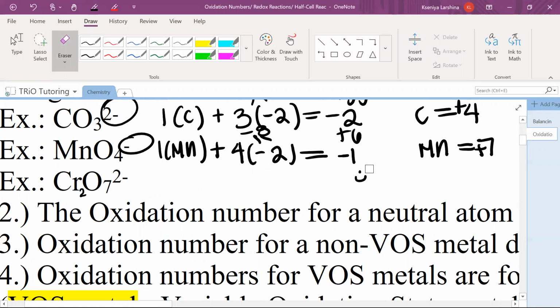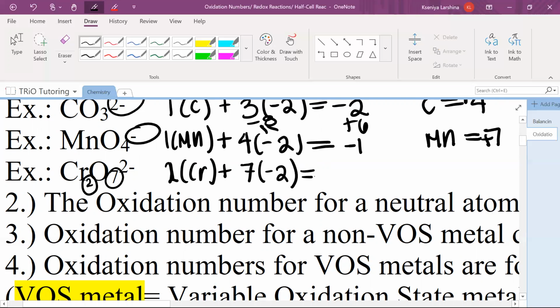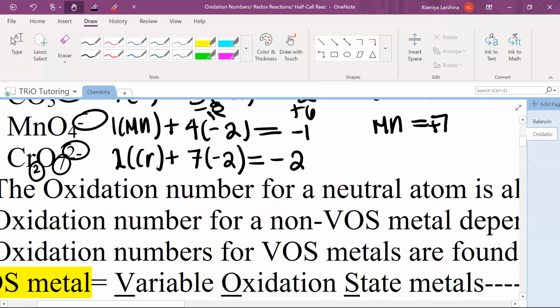Now let's find chromate. So we have 2 Cr plus 7 oxygens, 7 times -2, equals -2 for its charge.